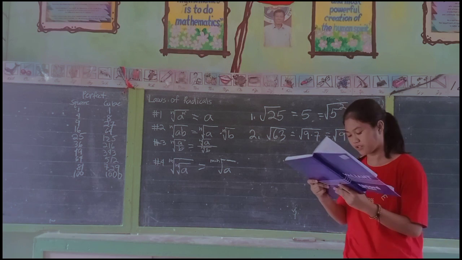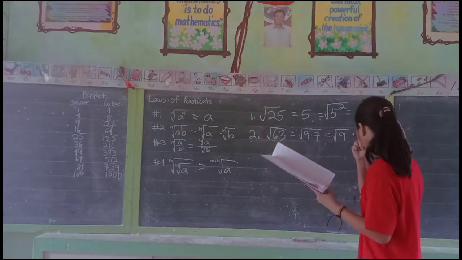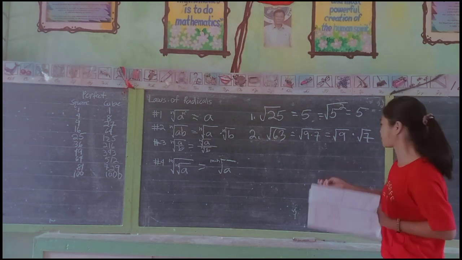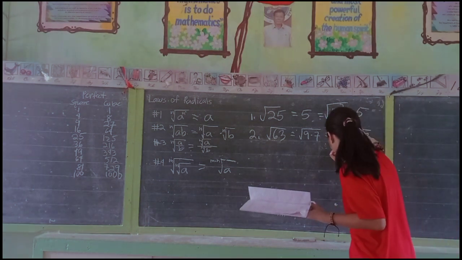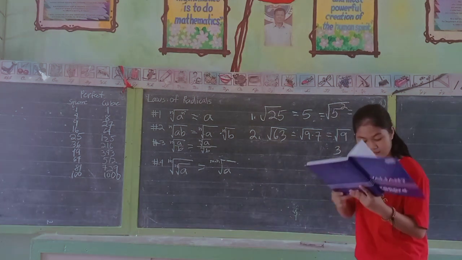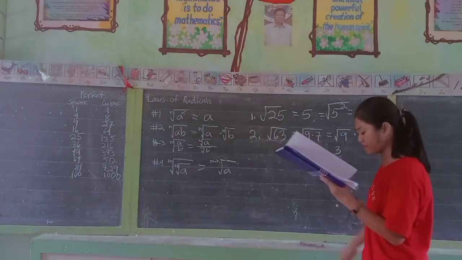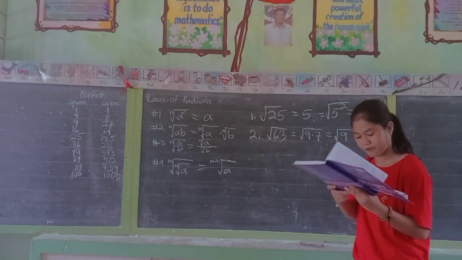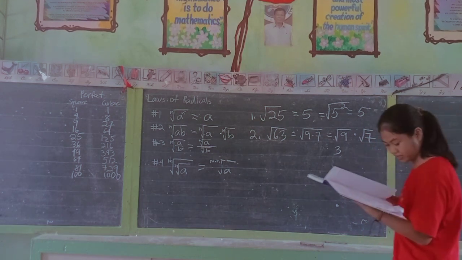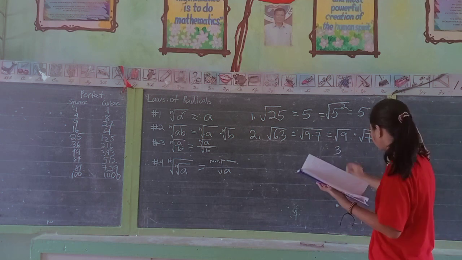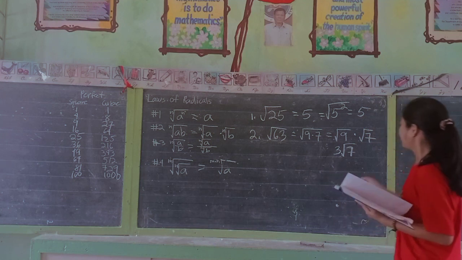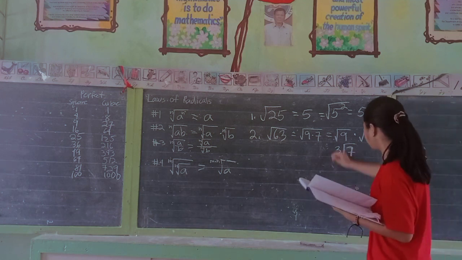The square root of 9 is equivalent to 3. And for the square root of 7, since there are no perfect square factors aside from 1, it stays as the square root of 7. 3 times the square root of 7 is the final answer.